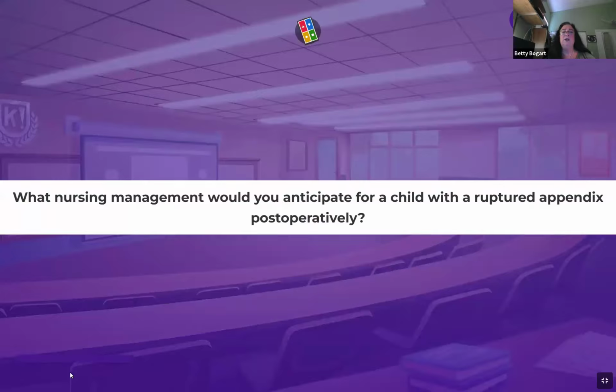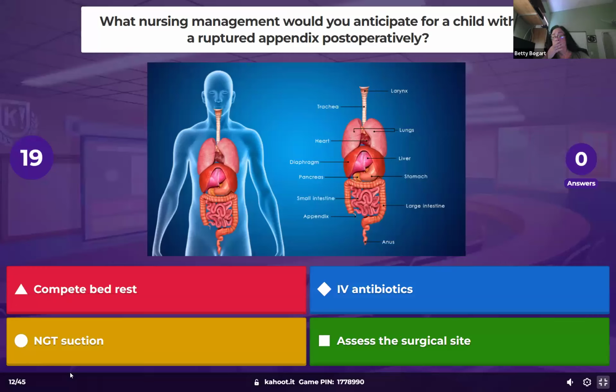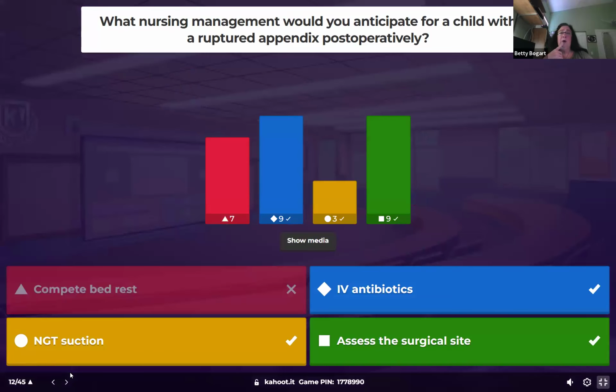Multi. What nursing management would you anticipate for a child with a ruptured appendix post-operatively? Post-op care for an appendectomy that ruptured. So, with any post-op care, you're not going to want a child or an adult to be on complete bed rest.